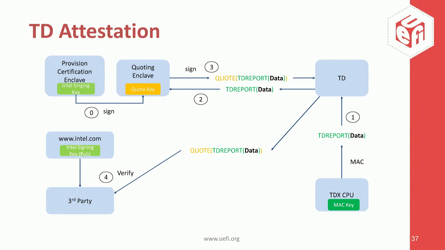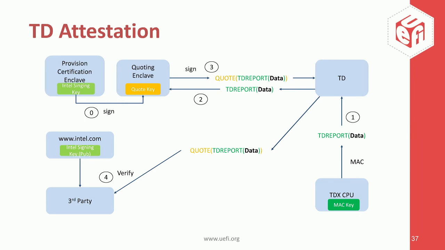When a TD launches, it can get a TD report from the CPU hardware, and the TD report includes the TDMR and the RTMR information, as well as the TDX module security version number, etc. The CPU will generate a MAC for the TD report. However, the TD report can only be verified on a local machine with the EVERIFYREPORT instruction. It cannot be used for remote attestation.